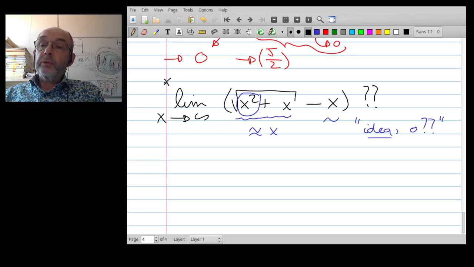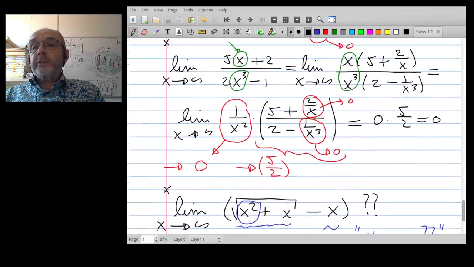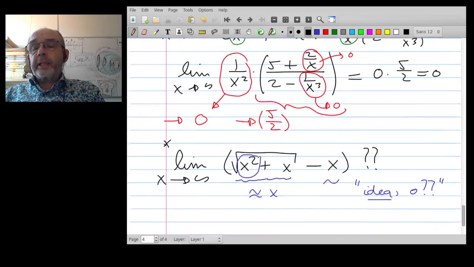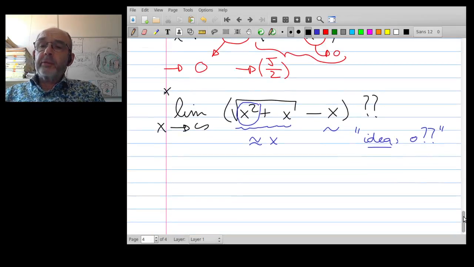Now, how to do this one here? I want to get such kind of expression as we have already seen. I want to have some things I can put away against each other, and then I want to have some constant. So what can I do here?